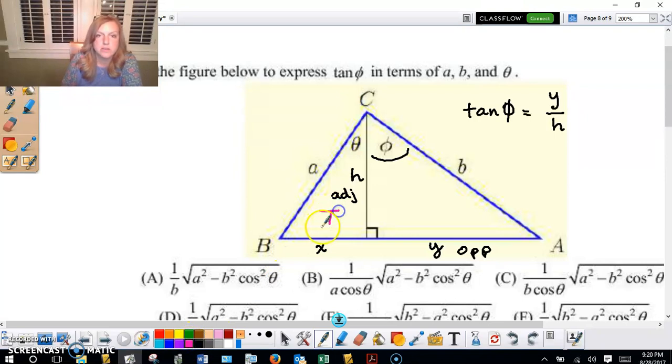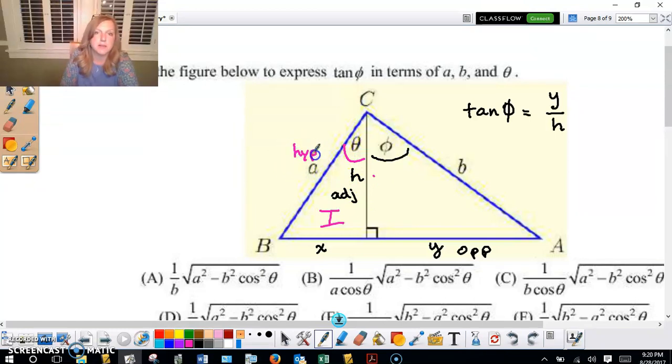So in this triangle, let's target this h right here, and think about what we know. This h, if I'm looking at this angle theta, is an adjacent leg. Just like it was adjacent in this triangle, it's also adjacent in this triangle. And then the a is the hypotenuse.